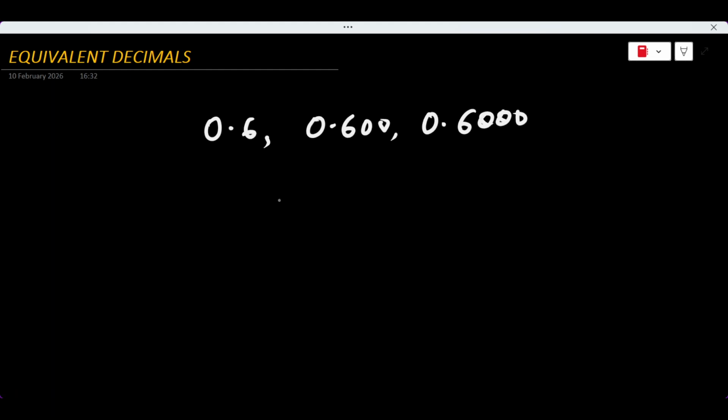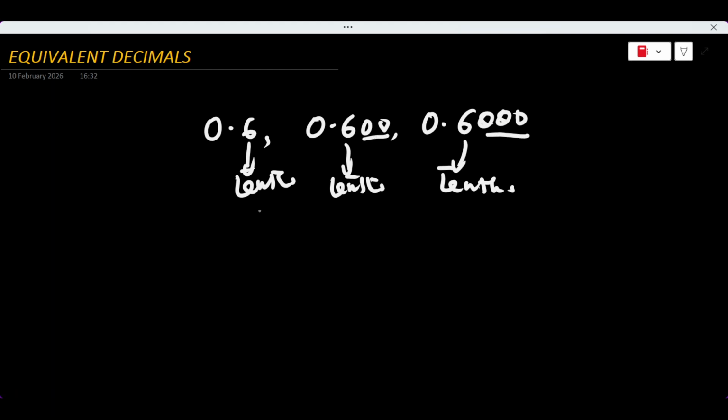If you got yes as your answer, that is great. Because this is at the tenths place, this is at the tenths place, this is at what? The tenths place. Adding extra zeros doesn't change what? The value of the digit. Hence, they are all the same. I hope that is clear.